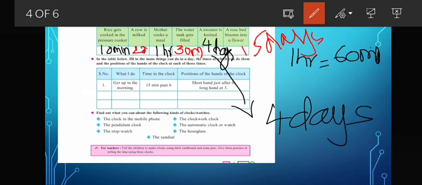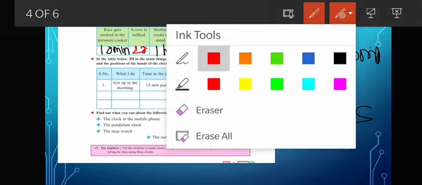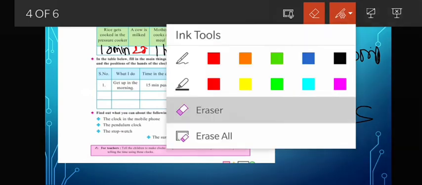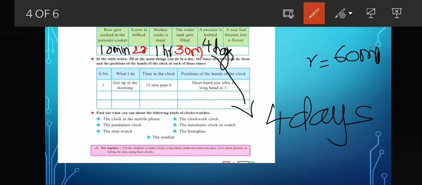No, I think it's less. 7 days. I think 7 days. Okay, 7 days.